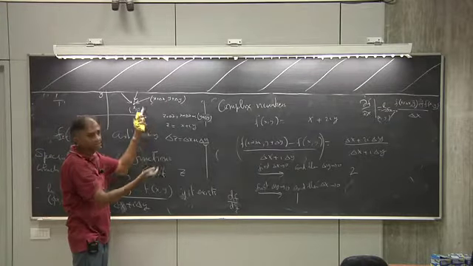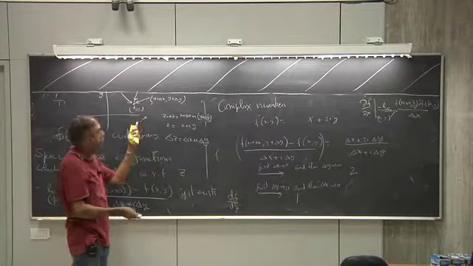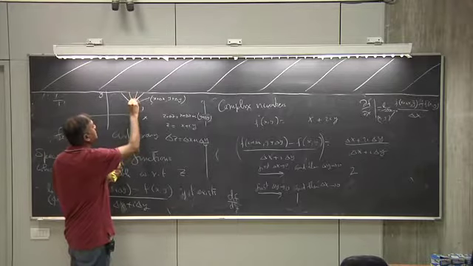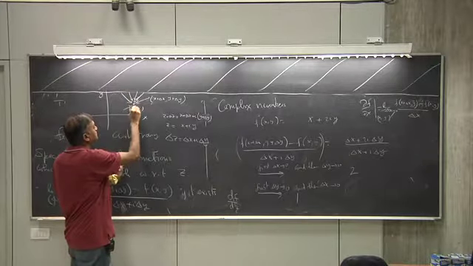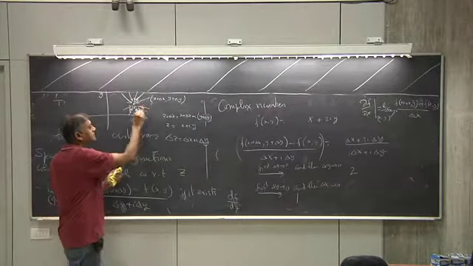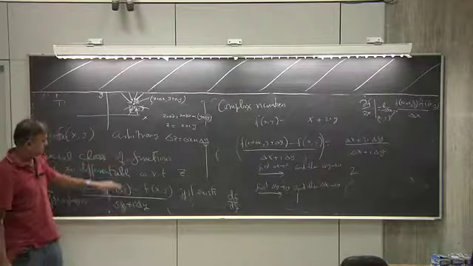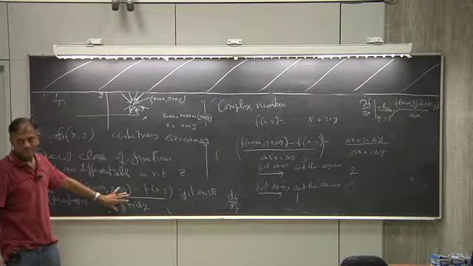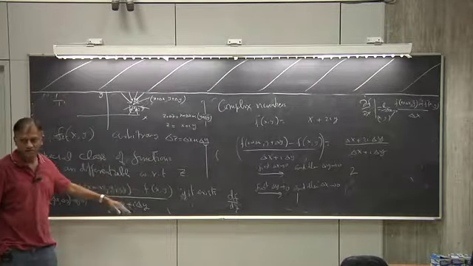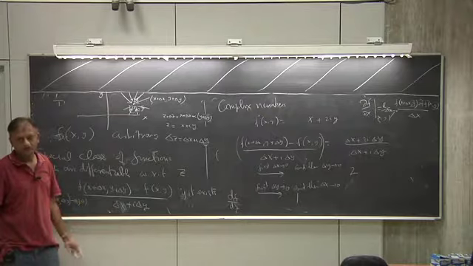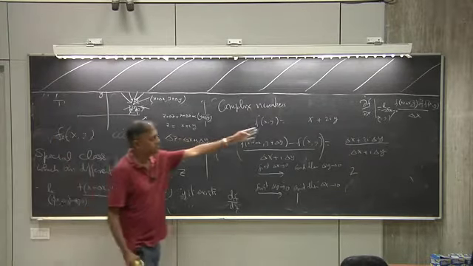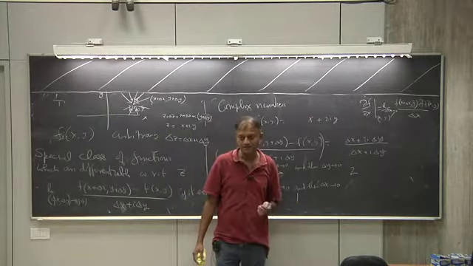But in fact, there are an infinite number of ways you can approach, from any direction. And so this statement is a very, very strong condition, that no matter from which direction you come, the result of this ratio must be the same. That's a very strong condition. And indeed, we see that even for such a simple function, this condition is not satisfied.